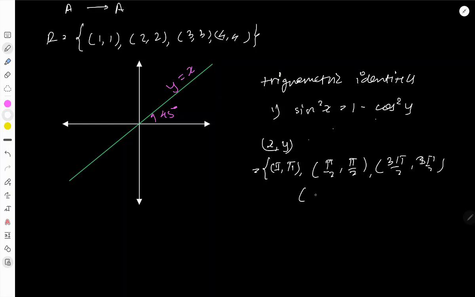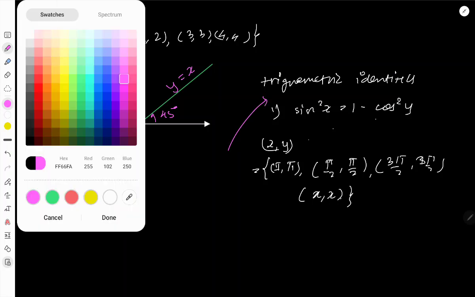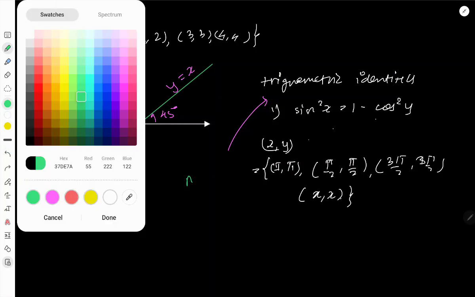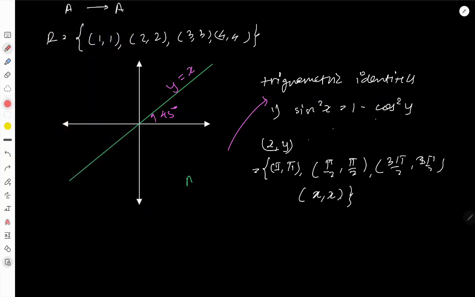In fact, basically any real number with the same real number. This is an identity function. So we can say that any trigonometric identity is an identity function.